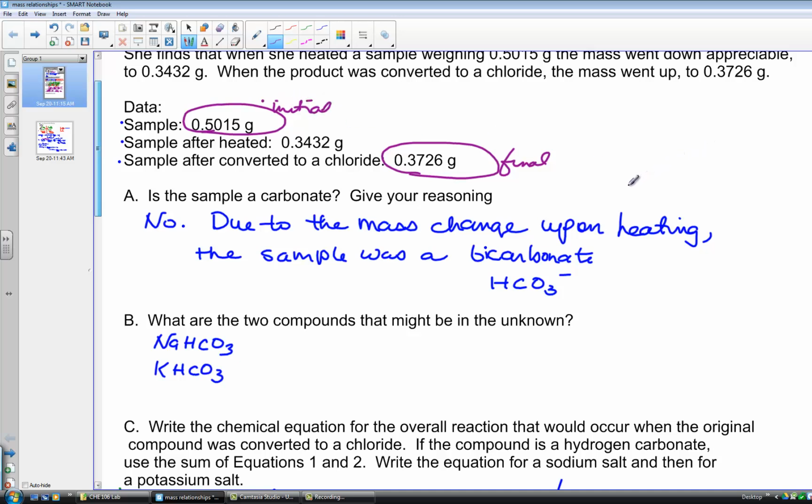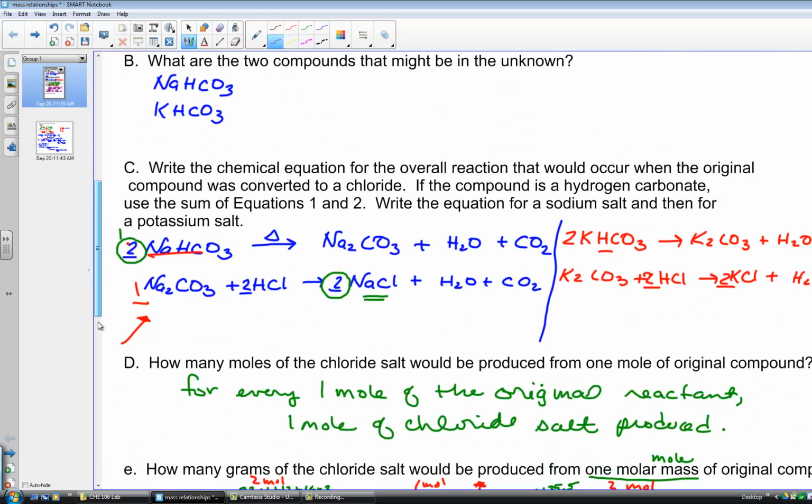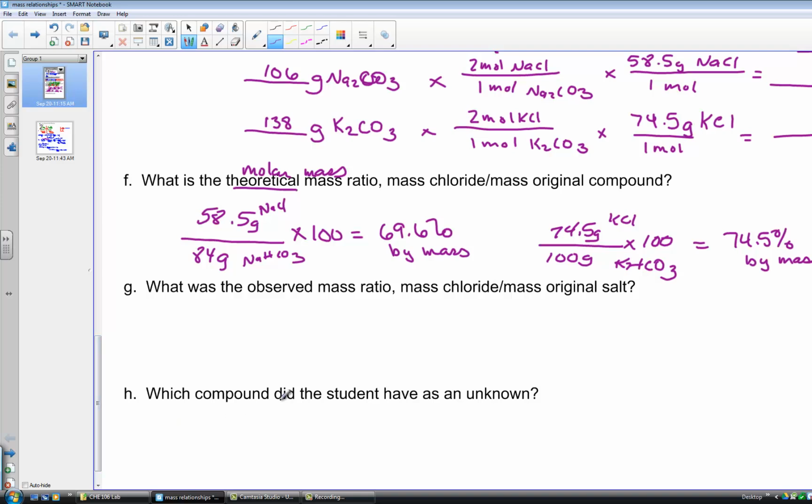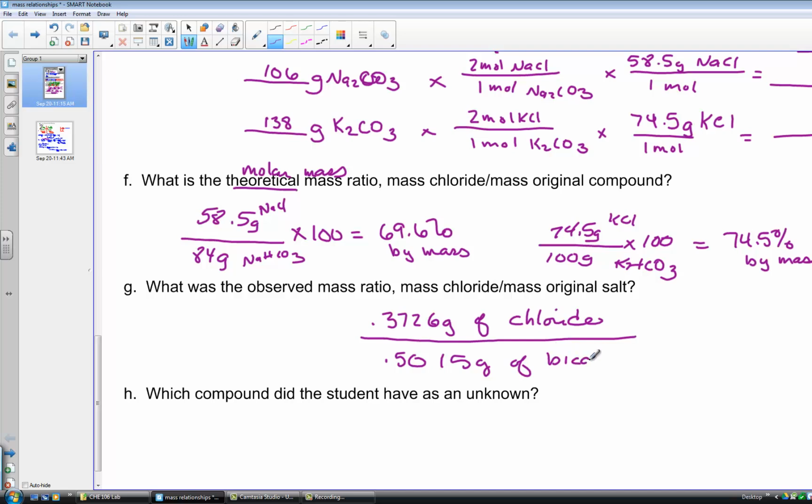So 0.3726, let me scroll back down. Over the initial mass, 0.5015 grams of bicarbonate.